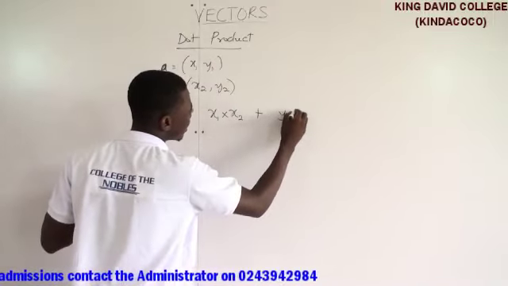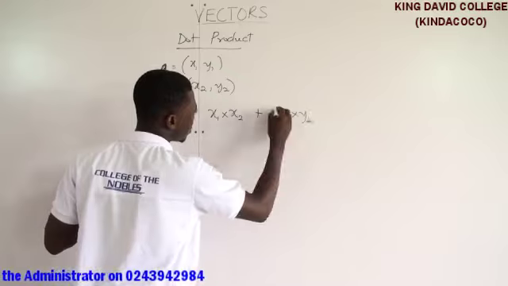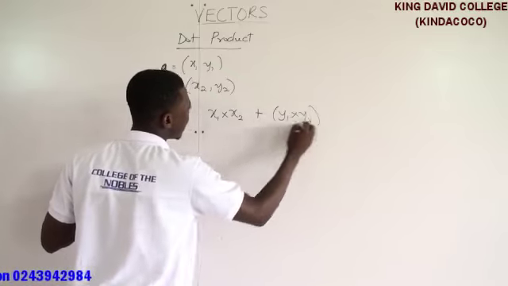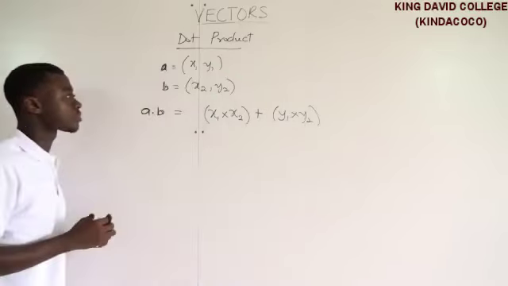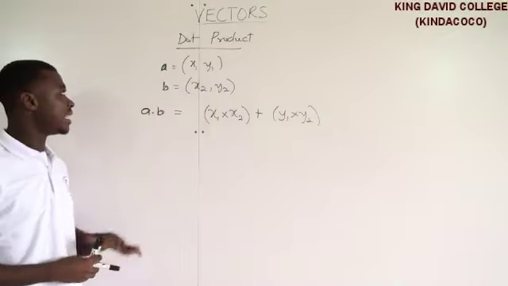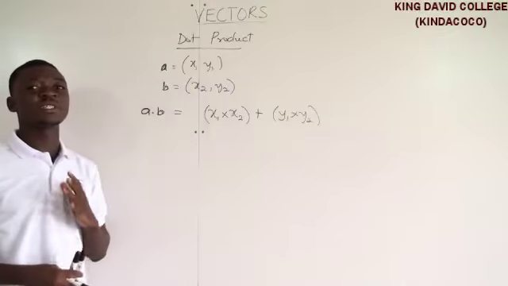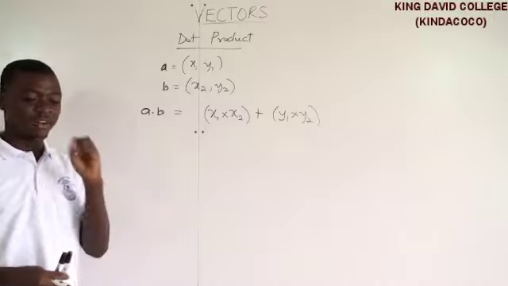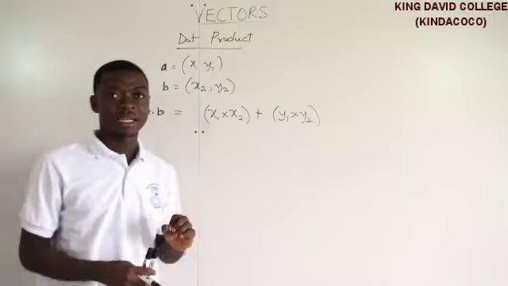So the dot product is always going to give you a scalar as the answer, a constant, a number.